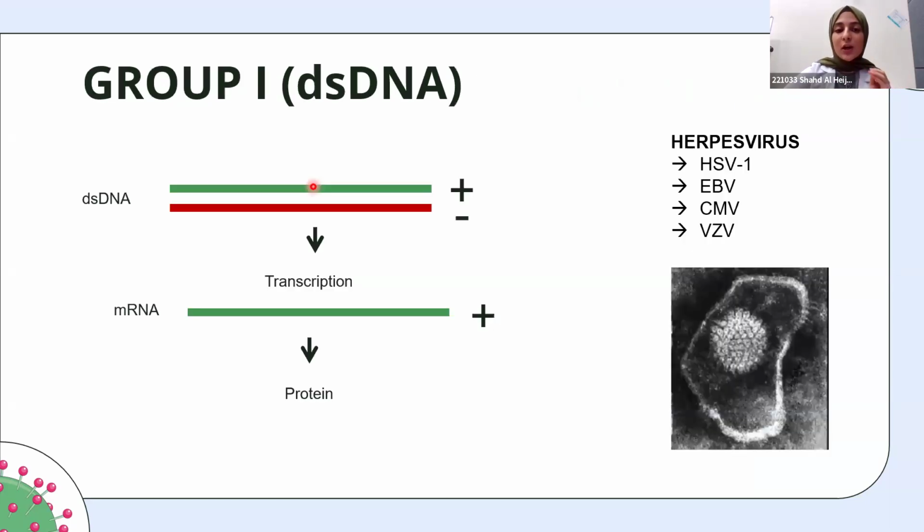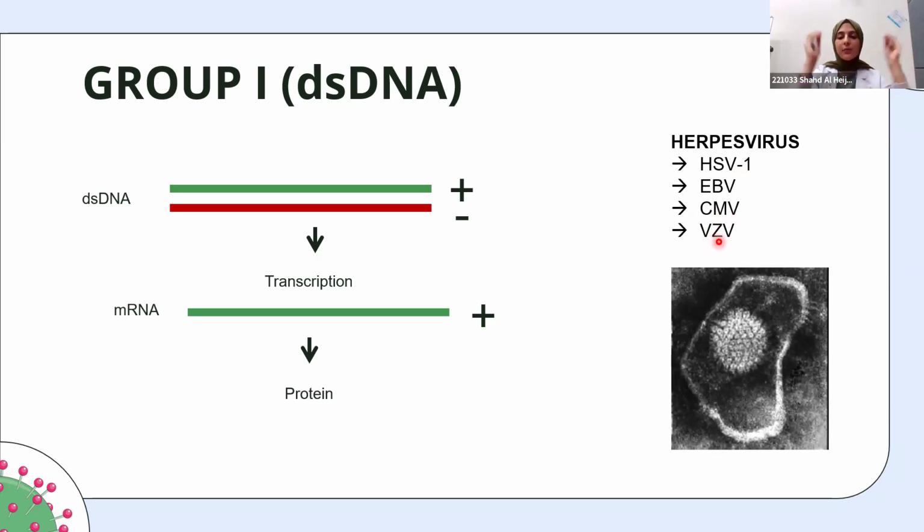Now, we're going to talk about every group and their replication. Group 1, double-stranded DNA, we said we have adenoviruses and herpes virus. Herpes virus is a big family. It has several groups under it. So under herpes virus, we have herpes simplex 1, we have EBV, Epstein-Barr virus, we have CMV, cytomegalovirus, and we have VZV, varicella zoster virus.